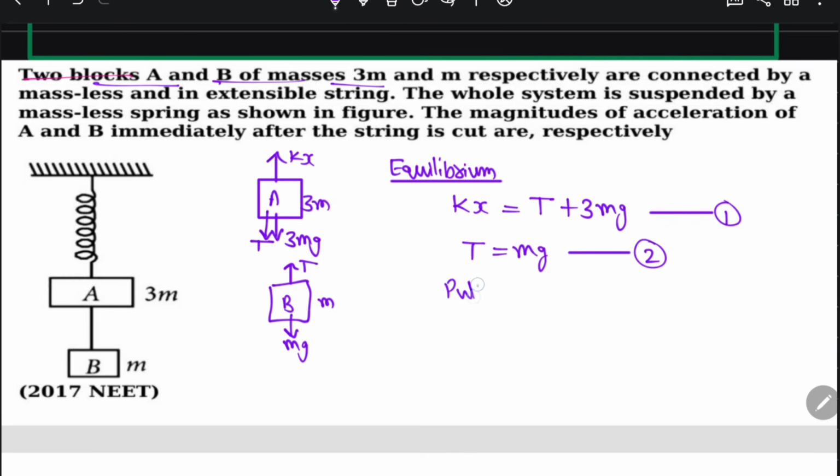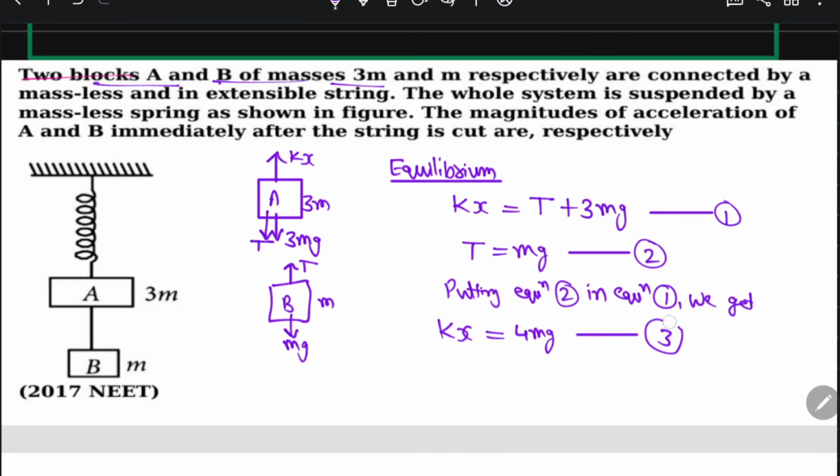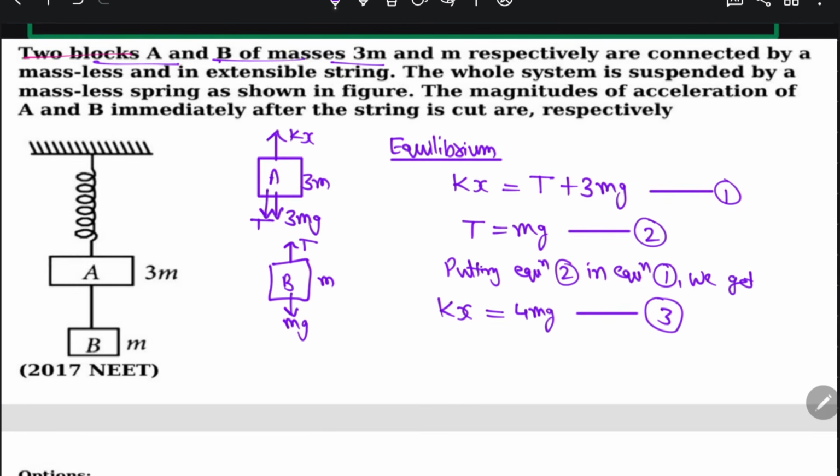Putting equation second in equation first, we get Kx is equal to T plus 3mg. If I put mg, this becomes 4mg. This is our equation third. Now what is going to happen? The whole system is suspended by a massless spring as shown in the figure.